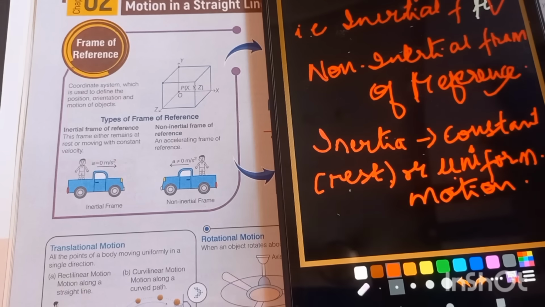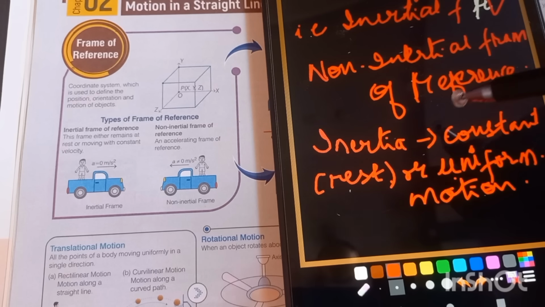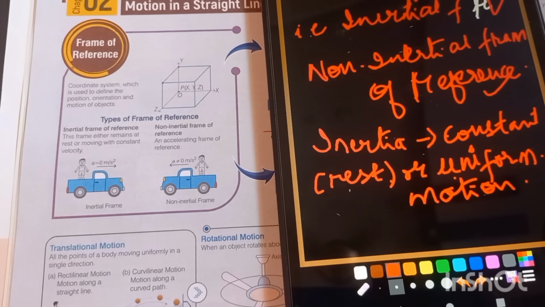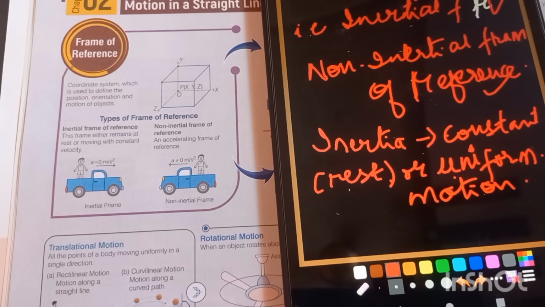The earth is in uniform motion, so earth is an inertial frame of reference. It doesn't accelerate, right? And we can also say the building, it is not moving, that is an inertial frame of reference. The building doesn't move from one point to another point, so that is also an inertial frame of reference. The car which is at rest, that is an inertial frame of reference, but the car which is moving, that is a non-inertial frame of reference.